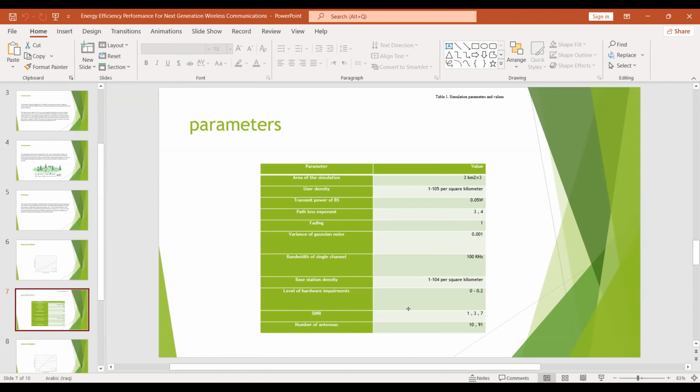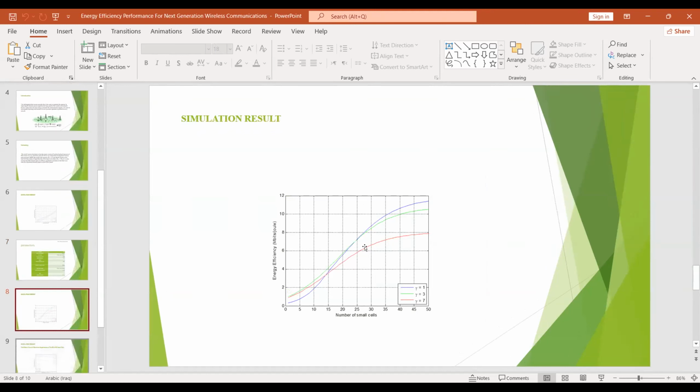The signal to noise ratio, as we saw in the previous graph, is 1, 3, and 7. The number of antennas is 10 to 91. So here also we see the relation between increasing the small cells and energy efficiency.